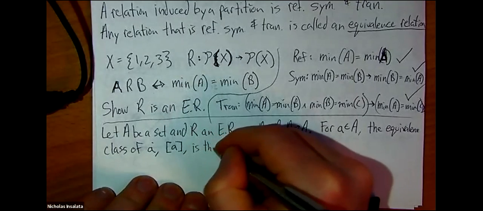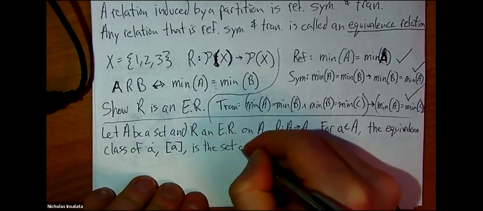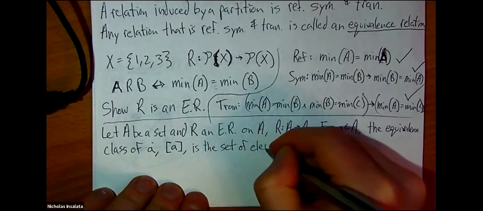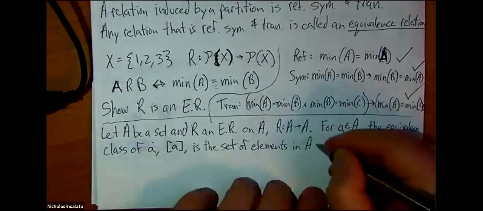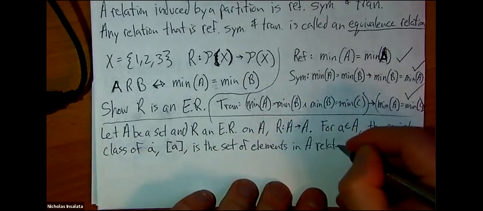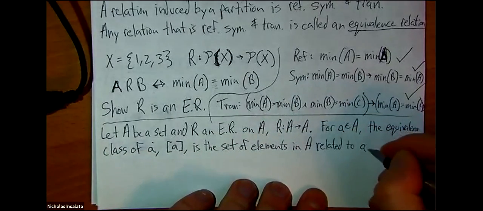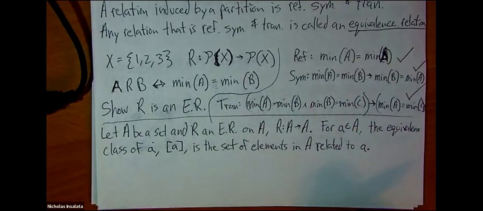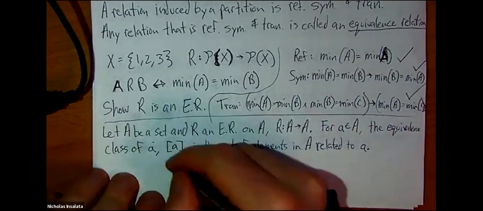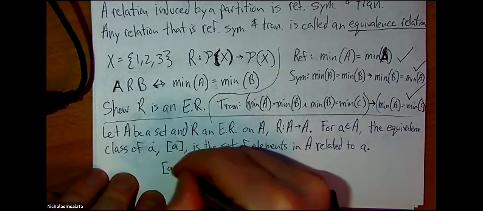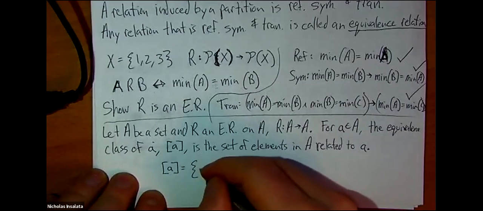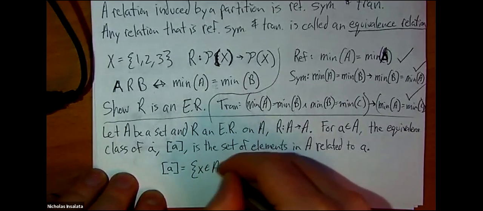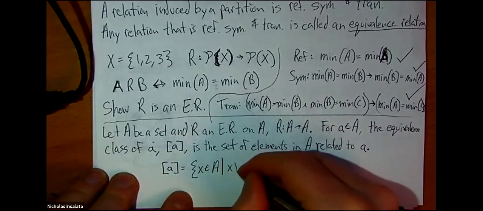In other words, the equivalence class of a equals the set of x in A such that x relates to little a.